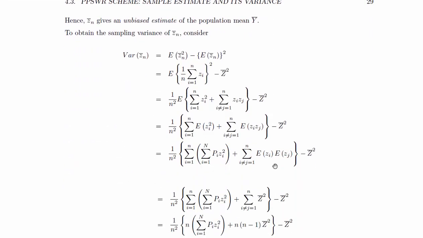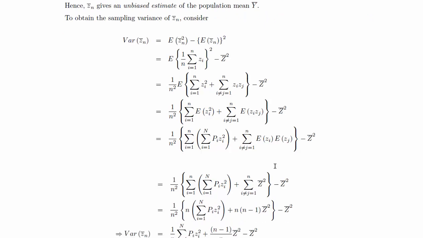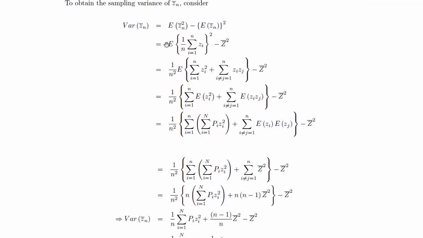Now in order to obtain the sampling variance, variance of Zn bar equal to expectation of Zn bar square minus expectation of Zn bar whole square. So expectation of 1 by n summation i equal to 1 to n zi whole square minus Z bar square. So here we split into two parts.